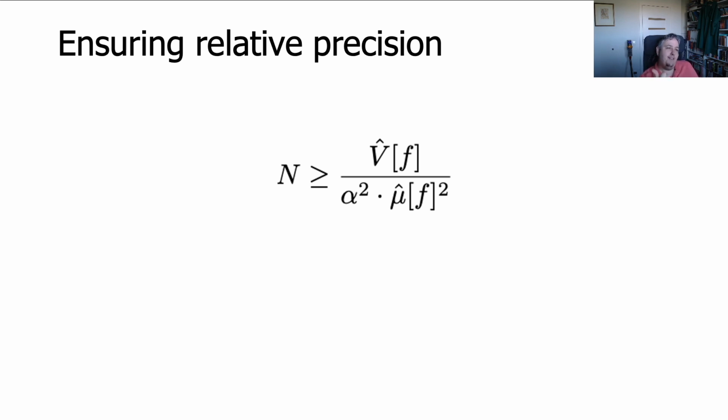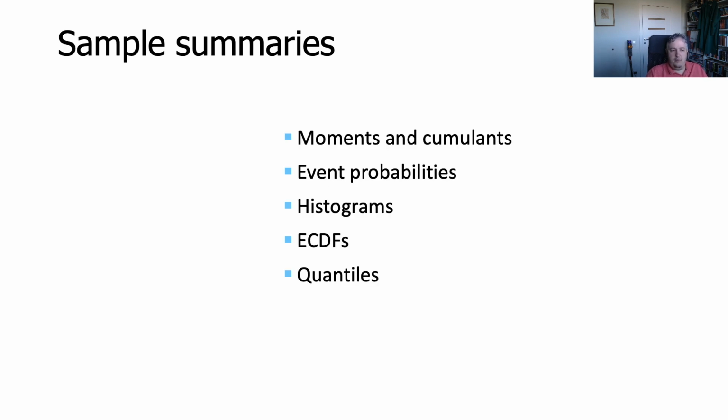So how many samples do we need to get the relative error on the level of alpha? Unfortunately, it can be a bit large, especially if we want good precision. We will cover it in a moment. So, having that, what kind of functions do we really want to estimate? What kind of expected values of functions do we want to estimate?